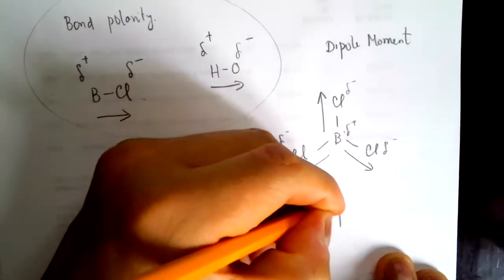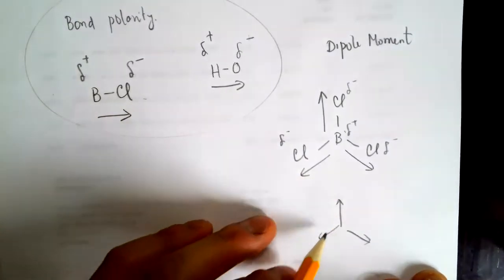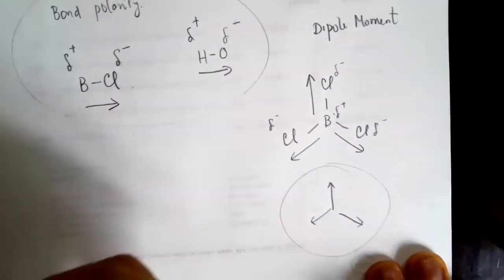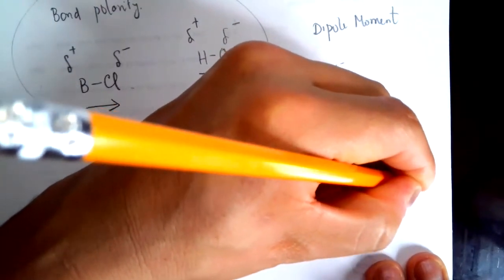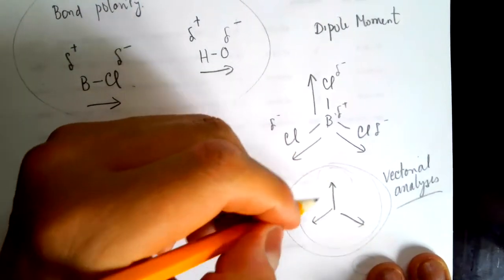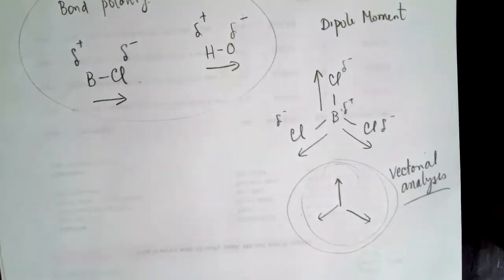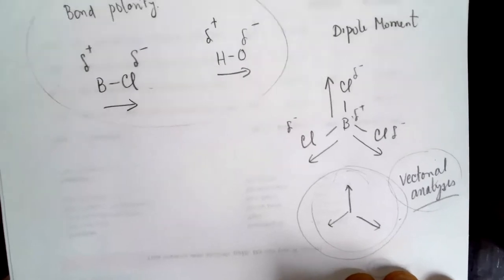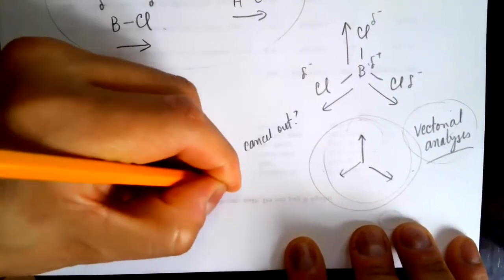So I have three dipole moments: one going up, one going to the bottom left, one to the bottom right. So I have to take an average, or what we call, for the ones that have taken physics, vectorial analysis. These are vectors, so you have to do vectorial analysis to determine the actual value. But we don't do that in chemistry. In a general chemistry course, we don't do the vector analysis. What we only do is ask, do they cancel out or not cancel out?